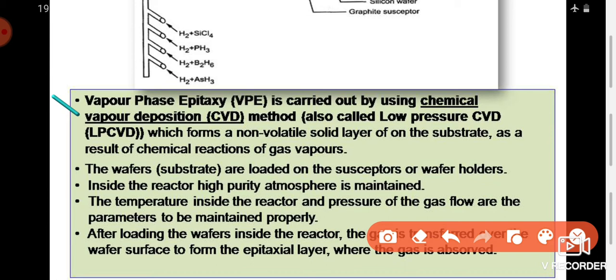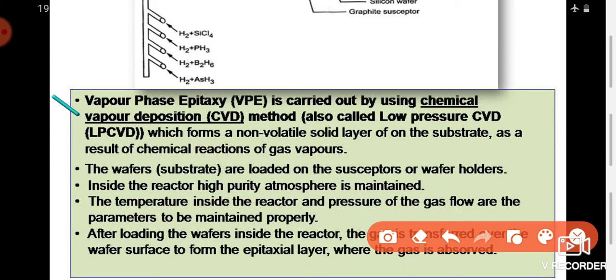I should mention here, just for knowledge, that CVD is a widely used technique to grow semiconductor materials involving chemical reactions in vapor phase. So one type of CVD technique is vapor phase epitaxy.